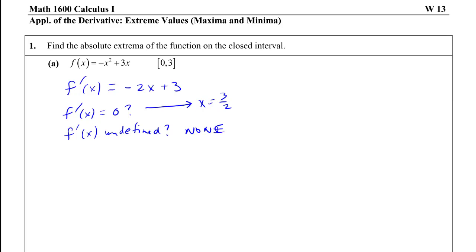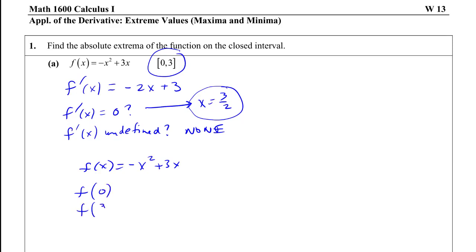So I have the one critical number here of 3 halves, and I have my endpoints. Again, I like to write the original function again just to make sure I'm plugging into the right place. So I'm going to do f of 0, f of 3 halves, and f of 3, because of my two endpoints and my critical number.